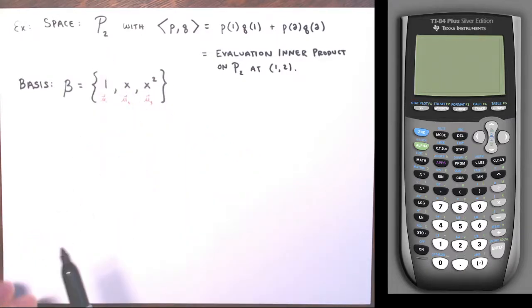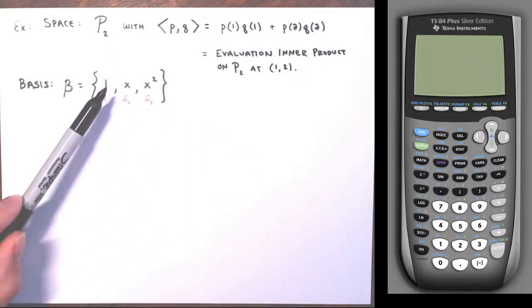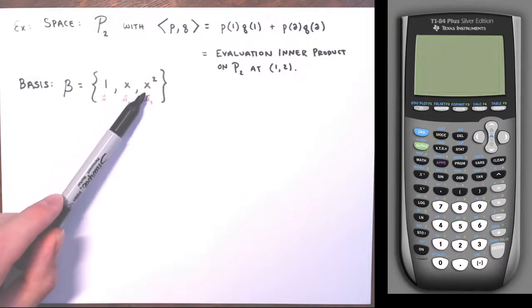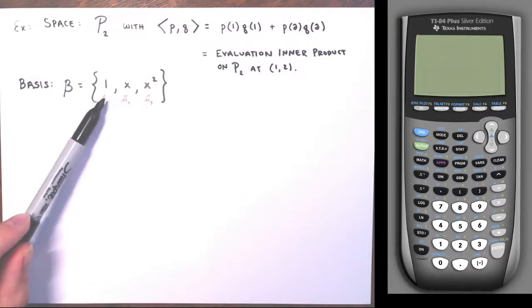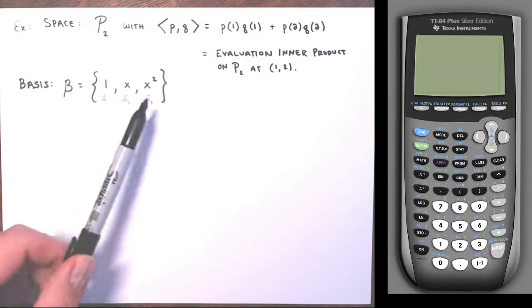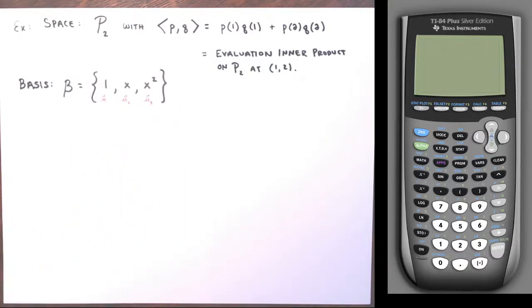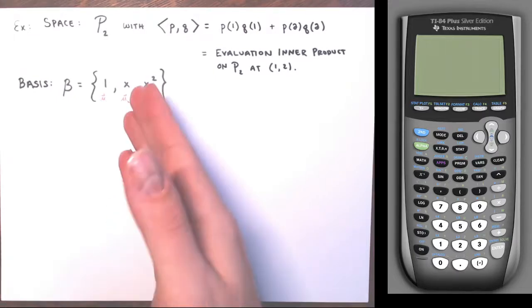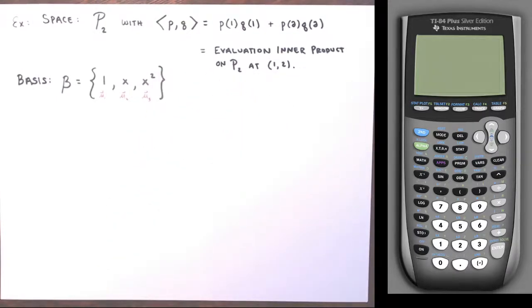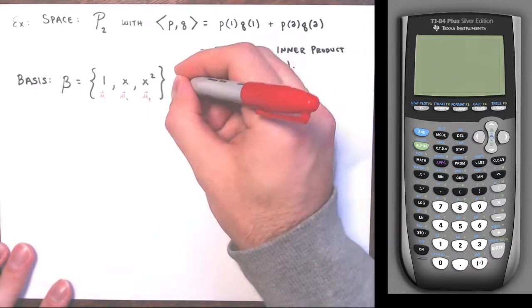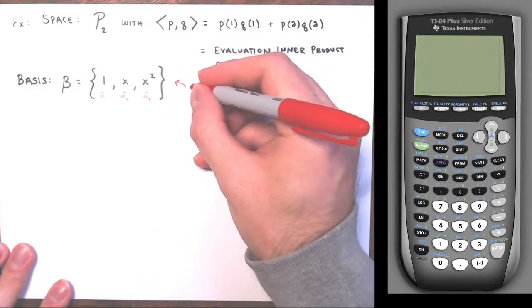Every polynomial of degree 2 or less is some multiple of 1 plus some multiple of x plus some multiple of x squared, right? So usually this is the standard basis for P2. Not now. Not with this inner product. I'm going to tell you right now, you might think, hey, wouldn't this be orthogonal since this is the standard basis? Again, normally, yes.